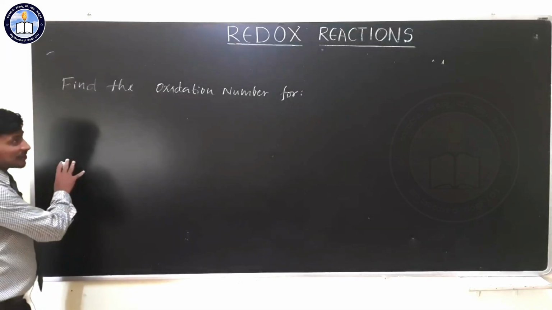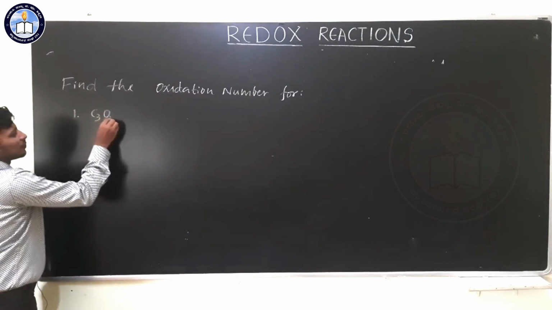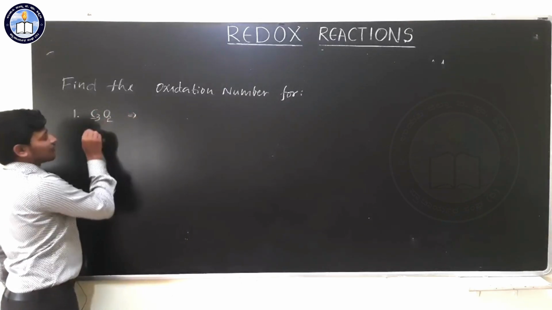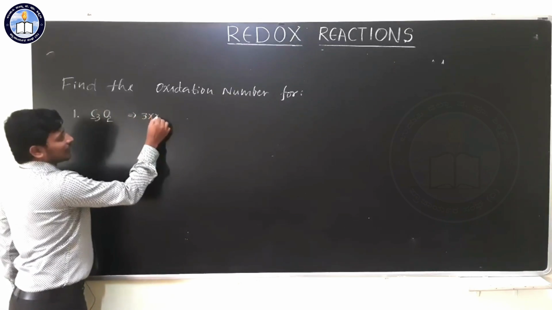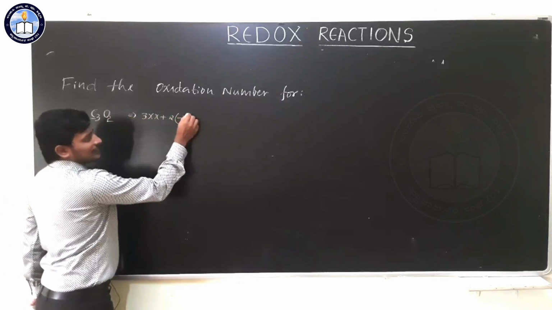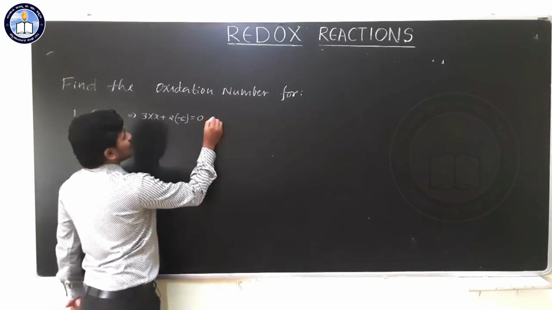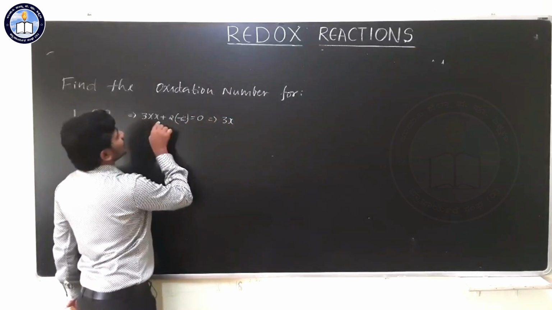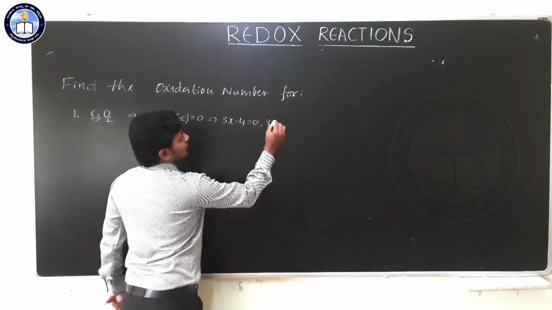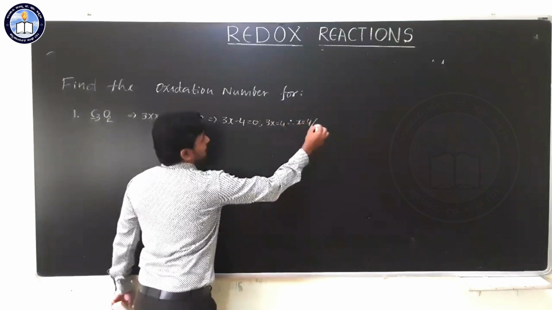Let us find the oxidation number for C3O2. How to find out? We know the method. For carbon we need to find out, that is 3 into X plus 2 into oxidation value minus 2, that is equal to 0. So I am getting 3x minus 4 equal to 0, and 3x equal to 4, therefore x equal to 4 by 3.